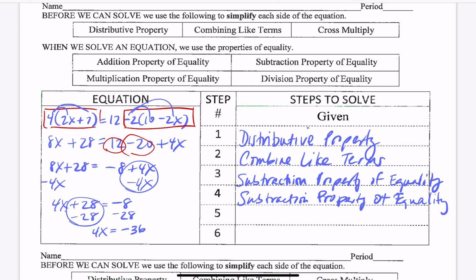And I end up dividing both sides by 4 to make that coefficient of x be 1. So now I'm using the division property of equality. And when I do that, this becomes 1, and I get x is equal to negative 9. So those were the steps that I had to take to solve that equation.